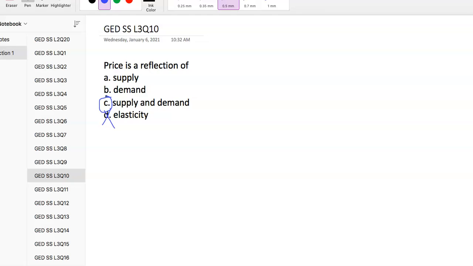The quantity demanded is the amount of a product people are willing to buy at a certain price, while supply represents how much the market can offer. The quantity supplied refers to the amount of a certain good producers are willing to supply when receiving a certain price. Okay, so that might be obvious, but nevertheless, price is a reflection of the combination of supply and demand.